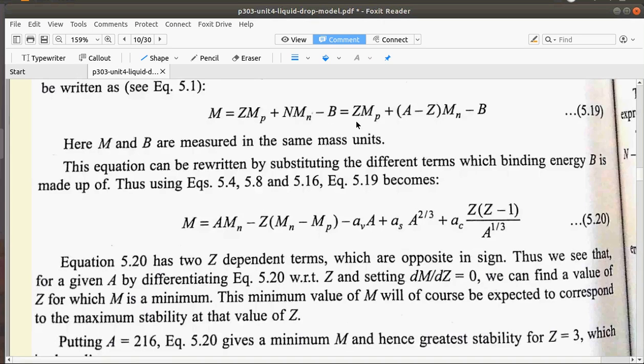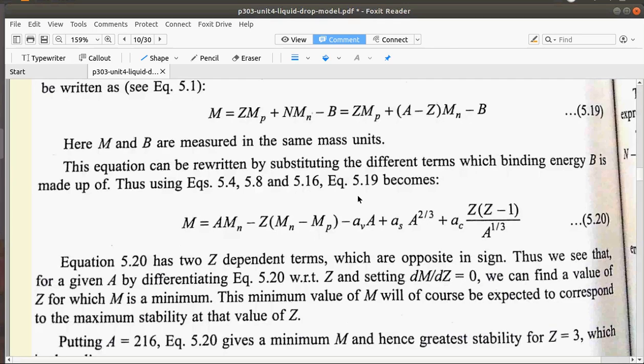Again, here there is a term for Z and here there is a term for Z. So the Z terms are combined and you get A Mn, that is the first term, number of nucleons times mass of neutrons, then minus Z (Mn minus Mp), which is the difference of mass between neutron and proton.